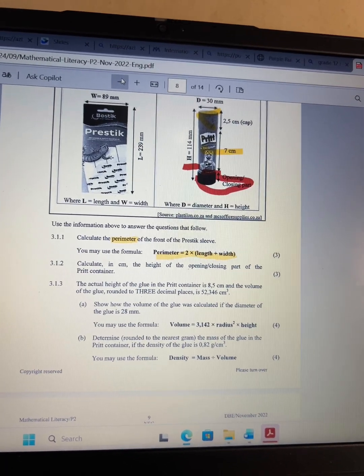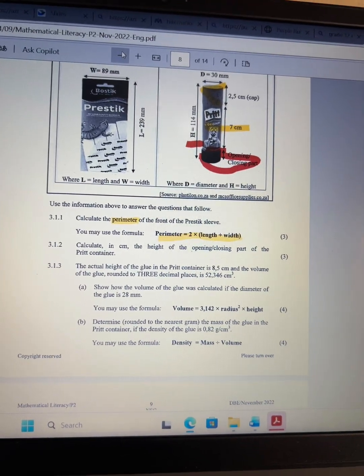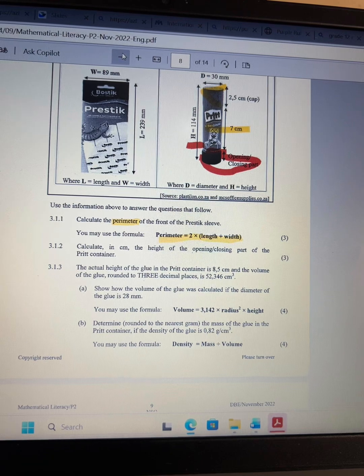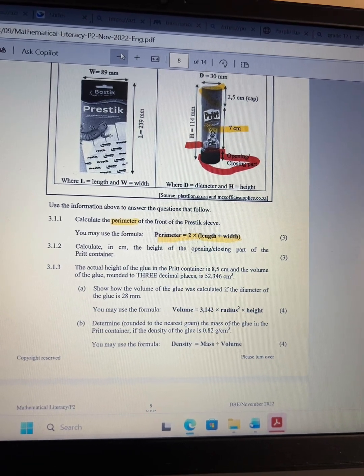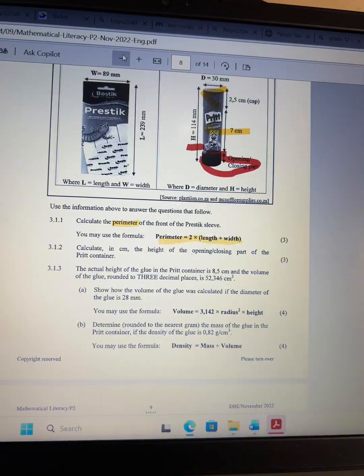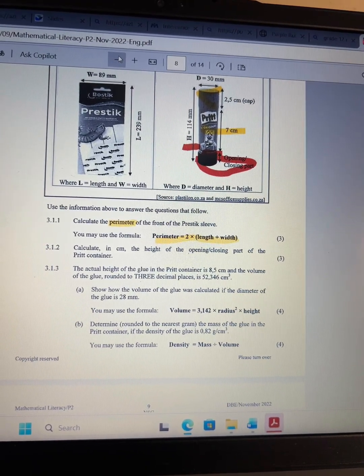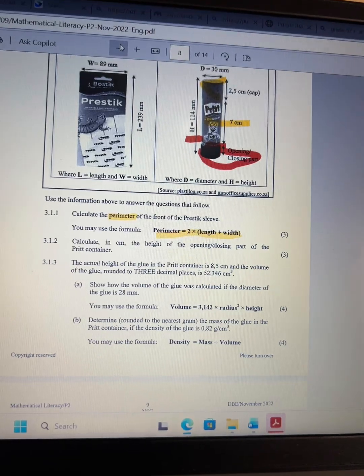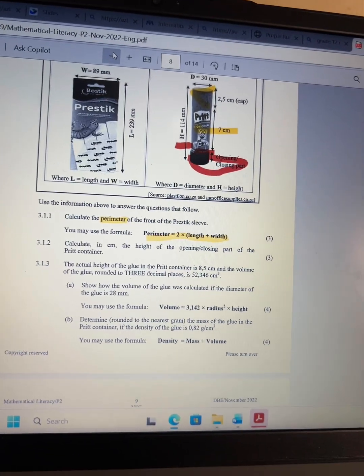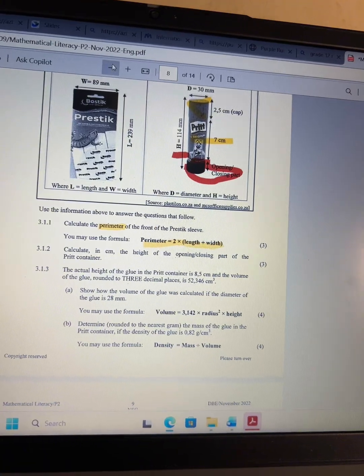For question A, they said show how the volume of the glue was calculated if the diameter of the glue is 28 millimeter. Even in this case, they have given us the formula. They said that you may use the formula volume equals 3.142 multiplied by radius squared multiplied by height.